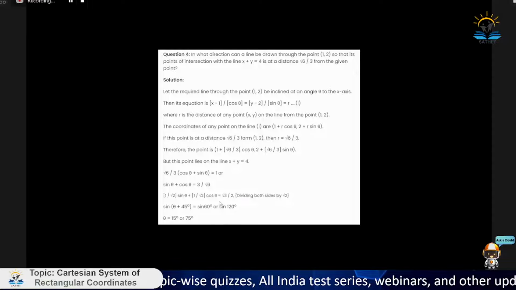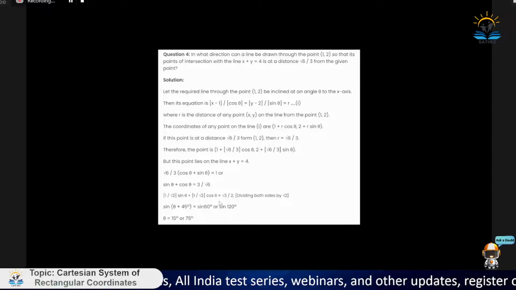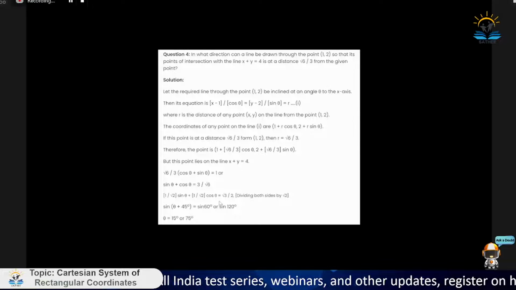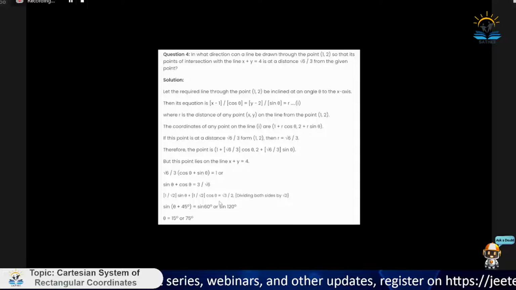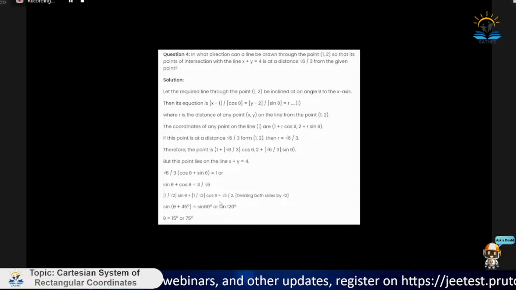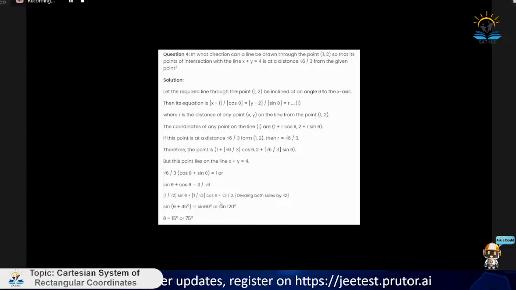So as I said previously, x minus 1 by cos theta would be r. So here x minus 1 equal to root 6 by 3 cos theta. Here cos theta is 1 by root 2 and sin theta is minus 1 by root 2. So here you can just solve it and then you'll find the x coordinate and y coordinate.